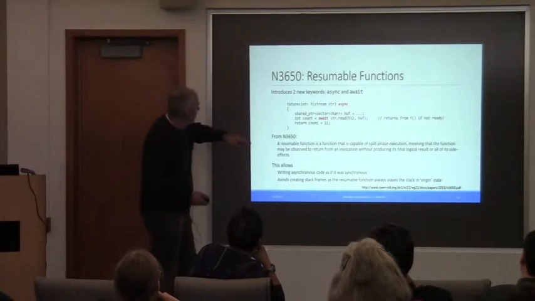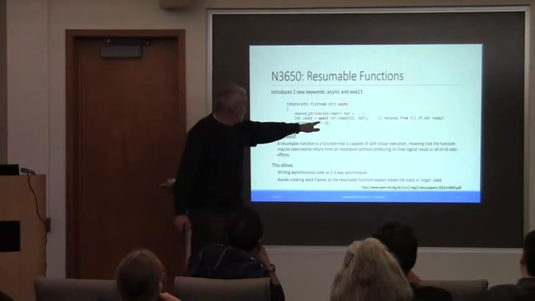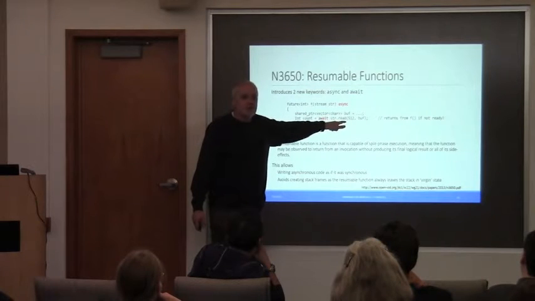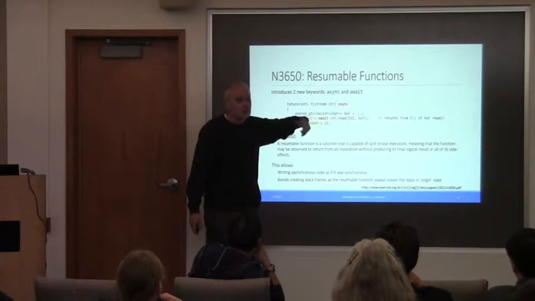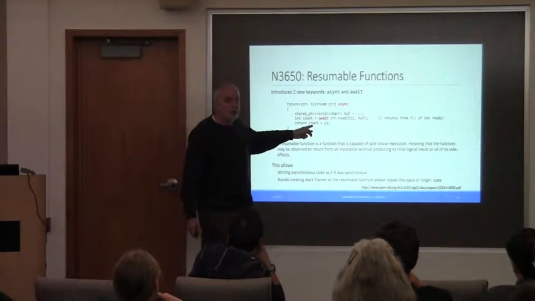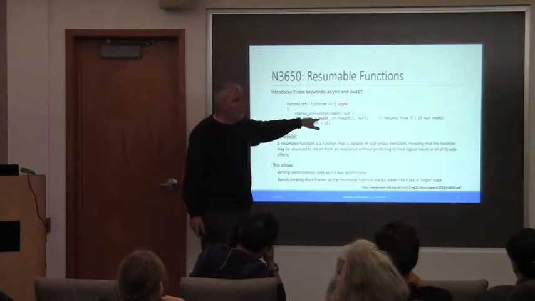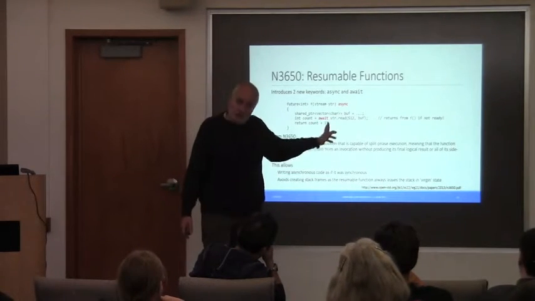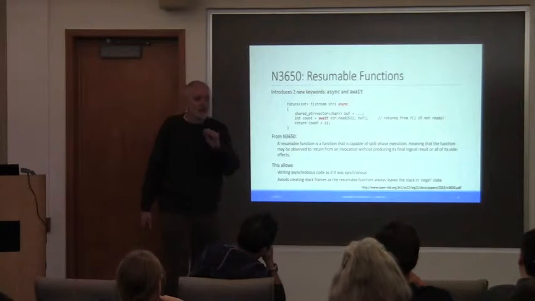That's how it looks. You annotate your function as being async, and that read returns a future. So when you wait for that future, at that point, you would have to suspend because you want to wait for that read operation. That await statement, a new keyword which they want to introduce, tells the compiler to generate tricky code.